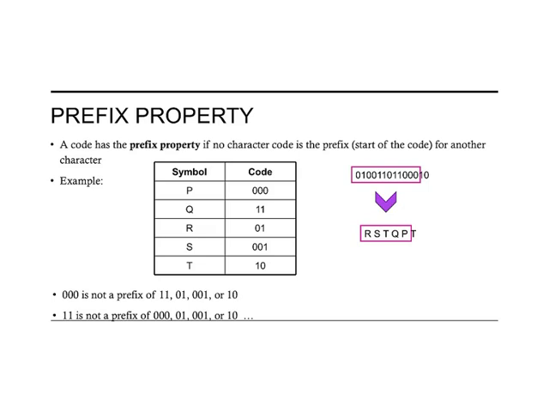The reason is that I can start reading the binary string, and then I see, well, 0 is the start of P, of R, and S. So it could be, up to this moment, any of those.